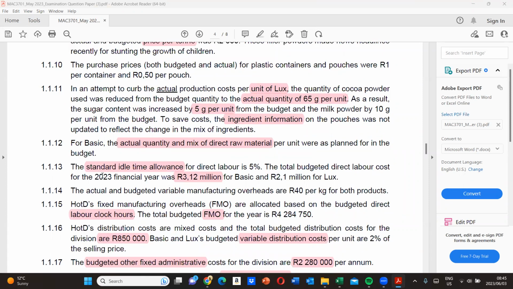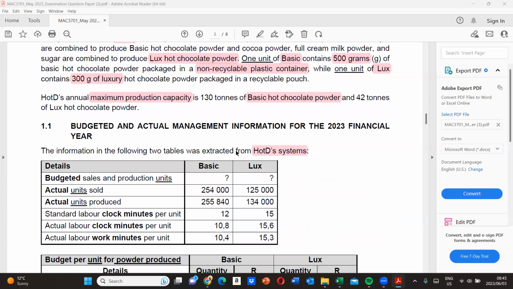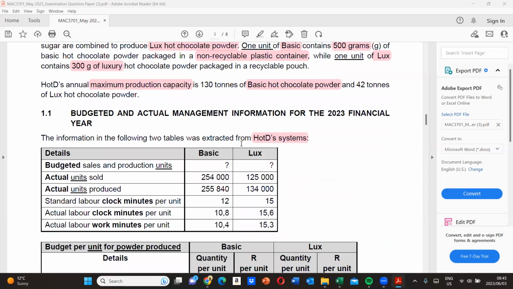The standard idle time allowance for direct labor is 5%. And the total budgeted direct labor cost for the 2023 year was 3.12 million for basic and 2.1 million for this. That's fine. Let's go up there and see what they told us about the labor hours as well.